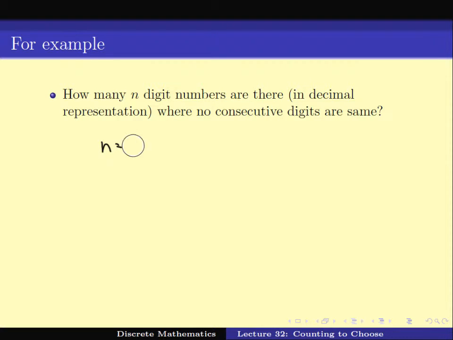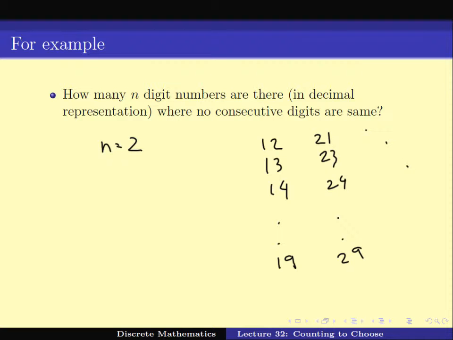If n equals 2, then you can have 1, 2, you can have 1, 3, 1, 4, 1, 9, but you cannot have 1, 1. You can have 2, 1, but you cannot have 2, 2, and you can have 2, 3, 2, 4, 2, 9, and similarly it goes on.